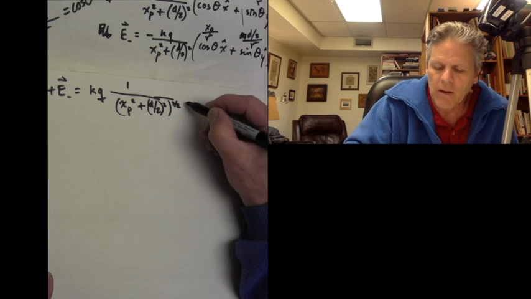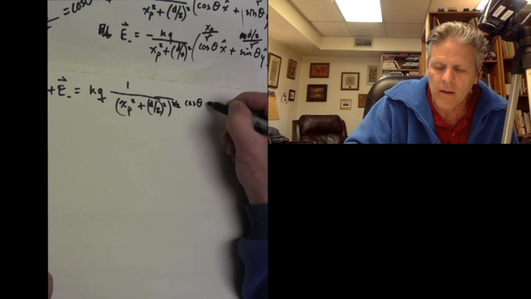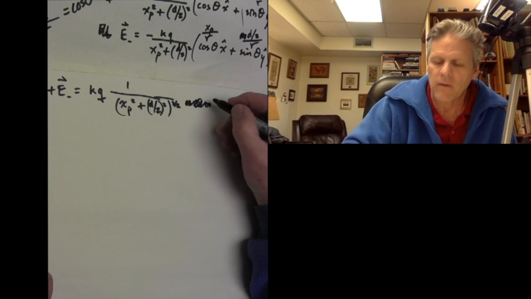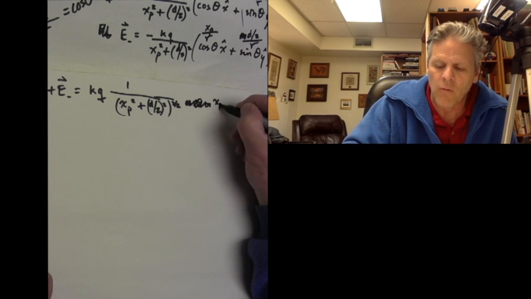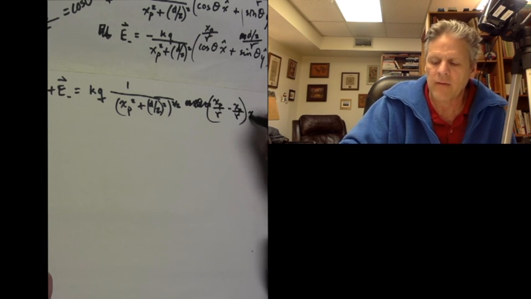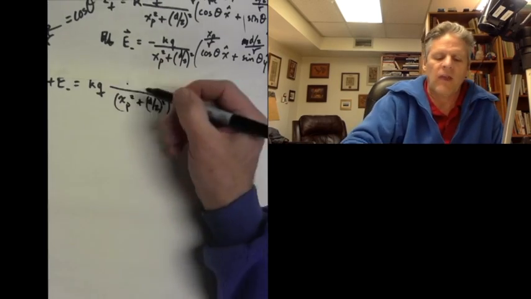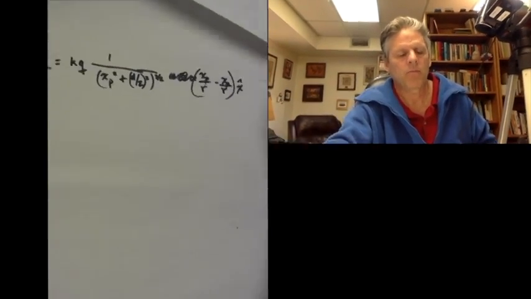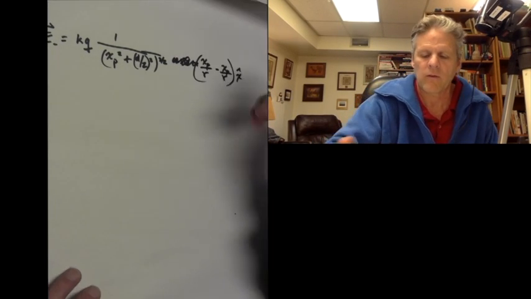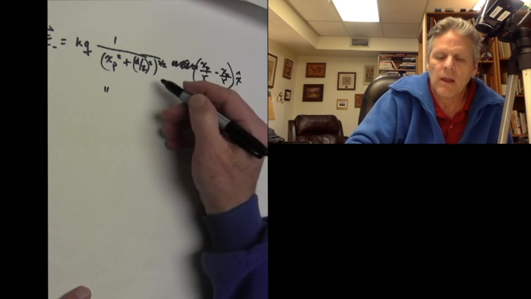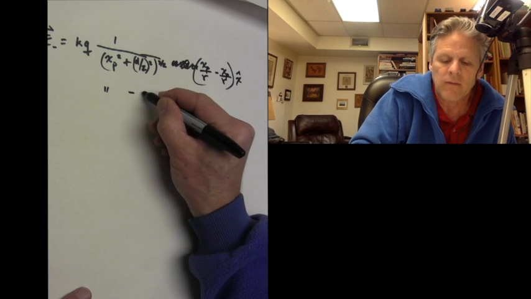And then what do we have? We have a cosine theta minus, sorry. Since I did this, x sub p over r minus x sub p over r in the x hat. And we have this exact same term. I'm going to write it just on a lower line because I'm running out of room that you guys can see. Same exact term out in front.